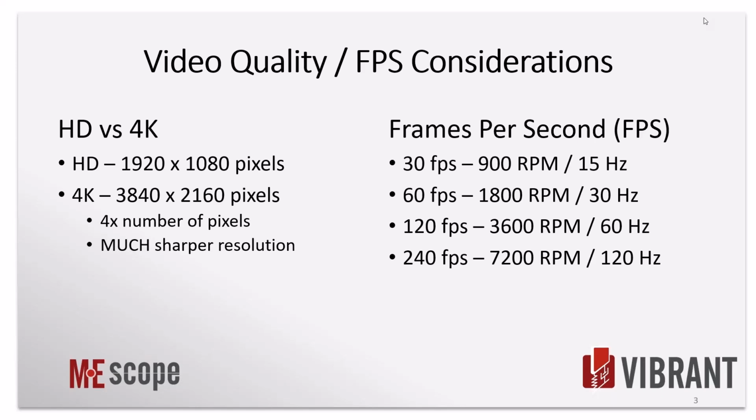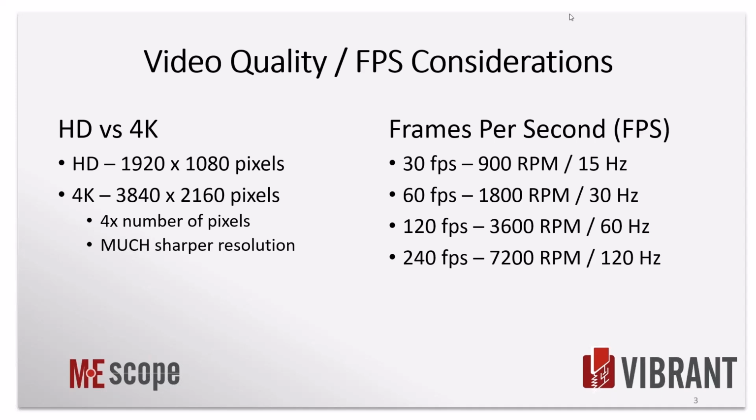What that leads to, obviously, more pixels allows for better identification of motion within the video, a higher level of accuracy. It's not 4 times more accurate by any means, but if you have the chance to use it where you only need 60 FPS, and you can get away with that, and you're doing lower frequency analysis, it's the better option for sure, just because of the increased resolution.